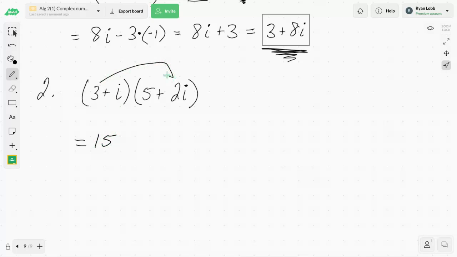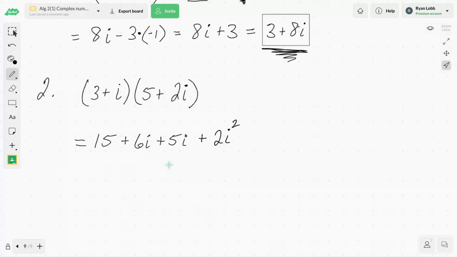Then 3 times 2i is plus 6i. Then i times 5 is plus 5i. And then lastly, careful, i times 2i is going to be plus 2i squared.